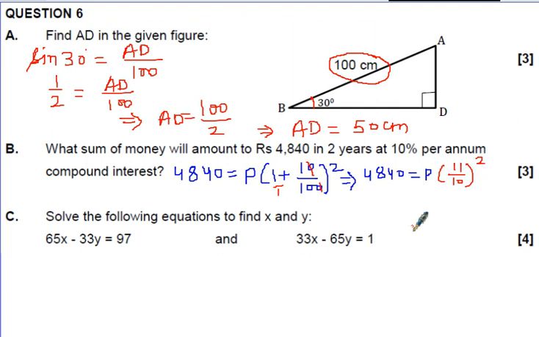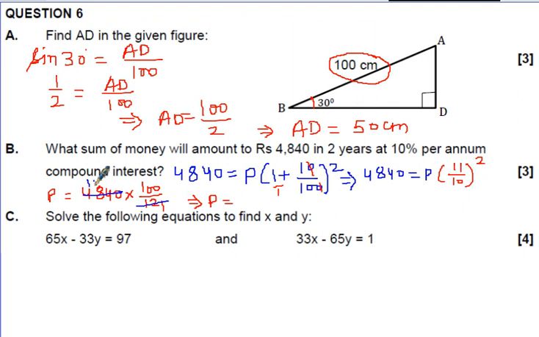Now when you shift this 11 upon 10 the whole square this side, your P will be the reciprocal, so 4840 into 121 upon 100. When it will go this side, it will become 100 upon 121. You can cancel and you can get the answer. So P comes 4,000 rupees, because it goes exactly 4 times.